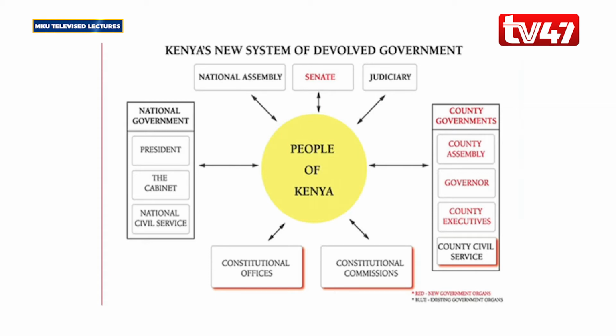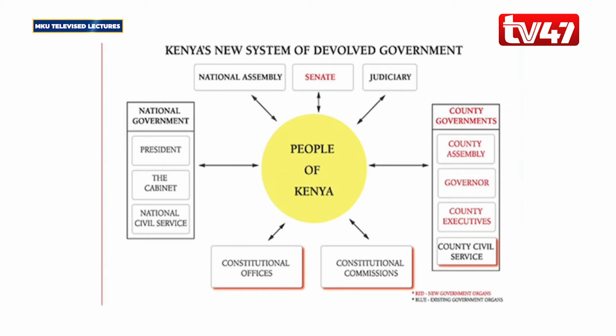But away from those institutions, not administrative units but governance units, we still have other units such as the judiciary, which is headed by the Chief Justice.